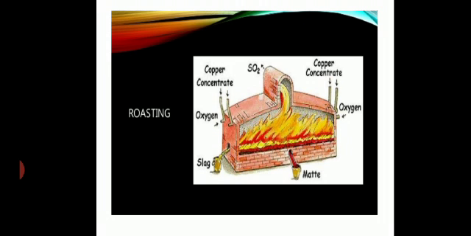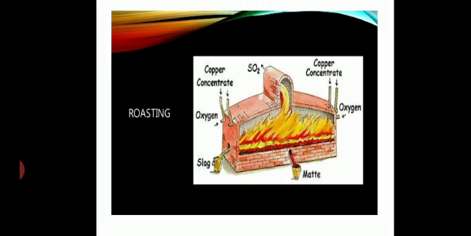Now we will go for smelting. In the blast furnace, some of the sulfide ore which was not converted into oxide during roasting is converted into its oxide during smelting.